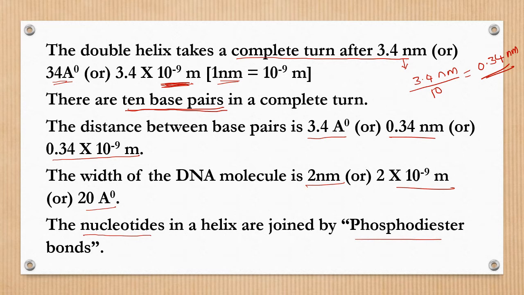Sorry, two chains are joined by hydrogen bonds, and those bonds are formed between the nitrogen bases. But here the point is that the nucleotides are joined by phosphodiester bonds, and the nucleotide chains are joined by hydrogen bonds in the double helical structure of DNA.